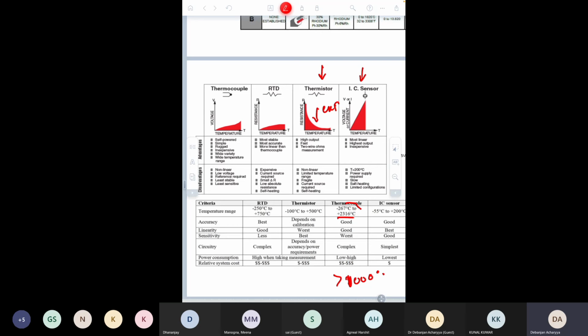But on the other hand, the RTD has a good linear range, the sensitivity is good, it is not that expensive, and it is the most stable among all sensors.